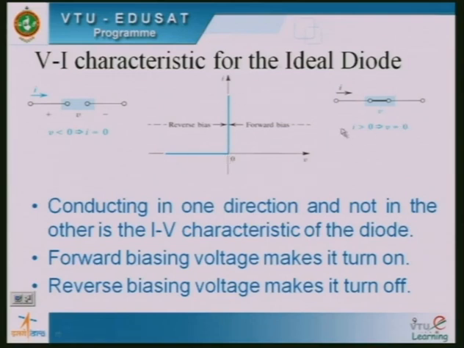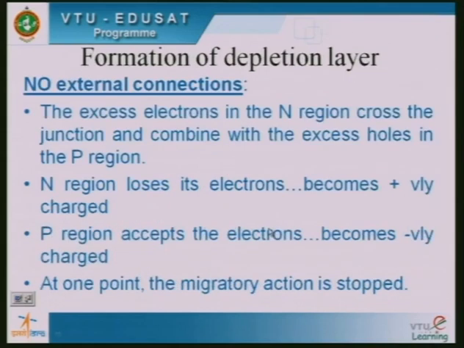When it is forward biased, the ideal diode behaves like a closed switch, that is for V equal to 0, I will be greater than 0. So conducting in one direction and not in the other is the VI characteristic of the diode. The forward biasing voltage turns it on, and the reverse biasing voltage turns it off.